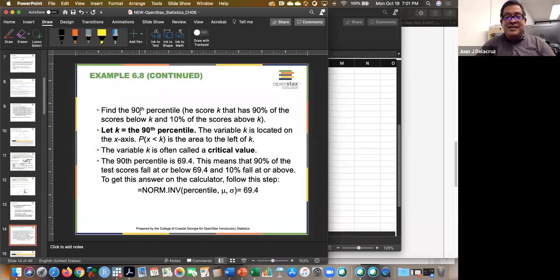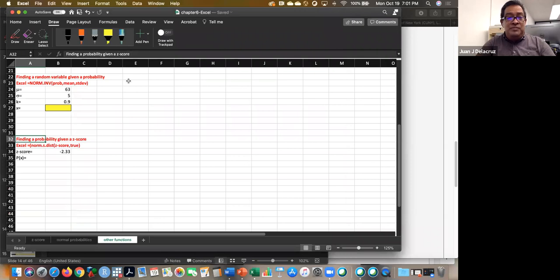So we have the percentile, which is also considered the area under the curve. For example, this is finding probability given a C-score. Hold on, I am still doing something wrong here.